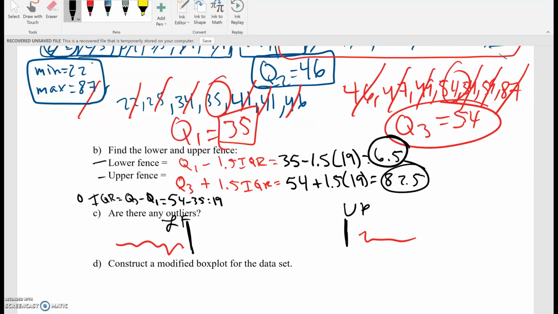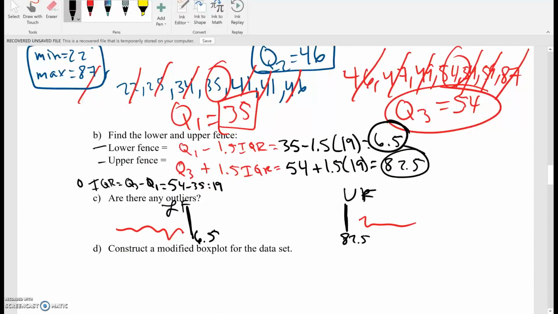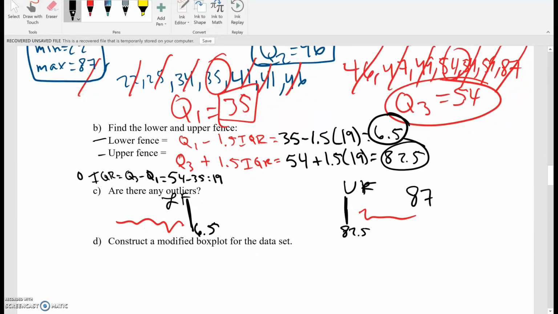So in this case, my lower fence was 6.5, my upper fence was 82.5. Are there any numbers outside of this range? And in fact, there is. This 87 doesn't follow the majority of the pattern, so we would say that 87 is probably going to be an outlier.